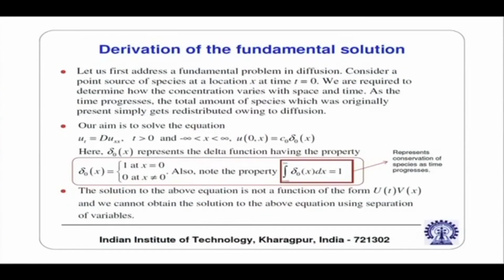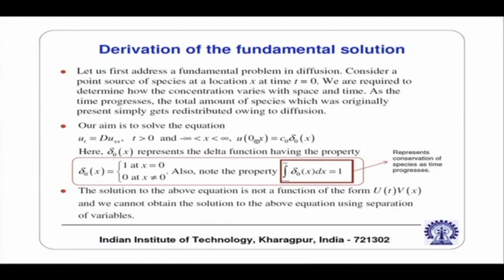So, our aim is to solve a governing equation of this form. u_t, you can understand these subscripts, like u subscript t is del u by del t, u is like concentration, this is just a generic mathematical form, is equal to D u_xx, u_xx is del square u by del x square. This is for t greater than 0 and minus infinity less than x less than infinity.